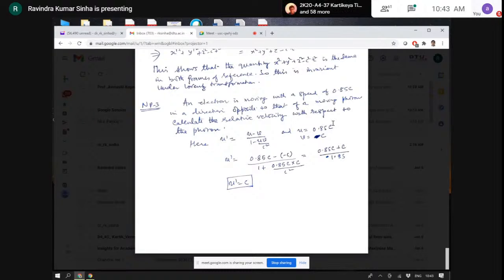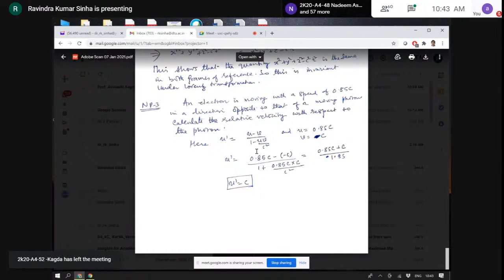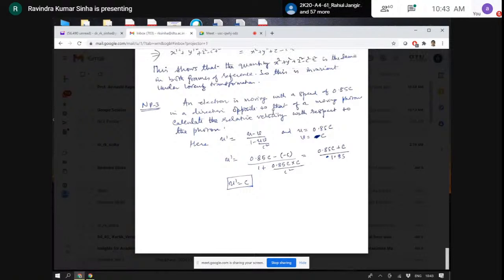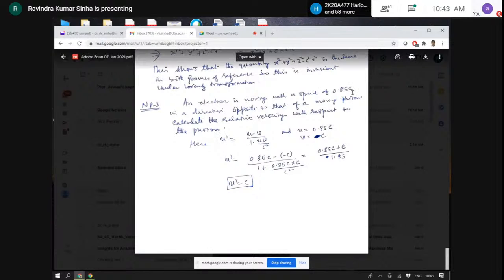But it cannot be more than the velocity c, and therefore using the Lorentz transformation, the law of addition of velocity, we will have this formula: u dash is equal to u minus v. Here u dash is the electron's movement, 0.85 c.